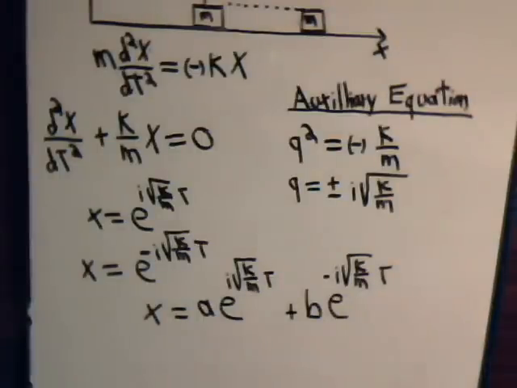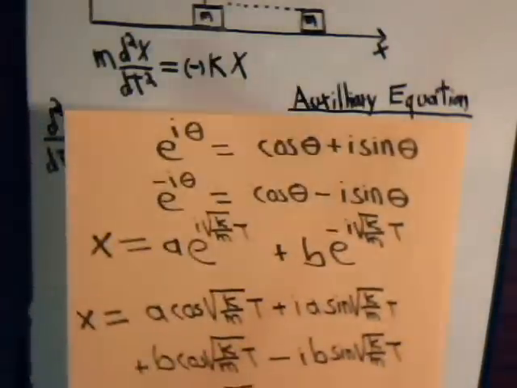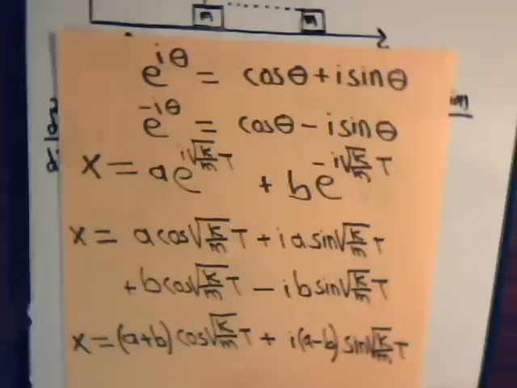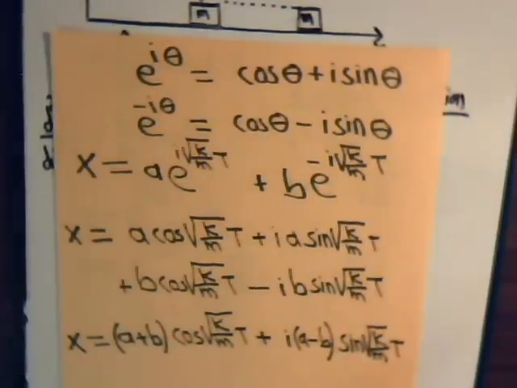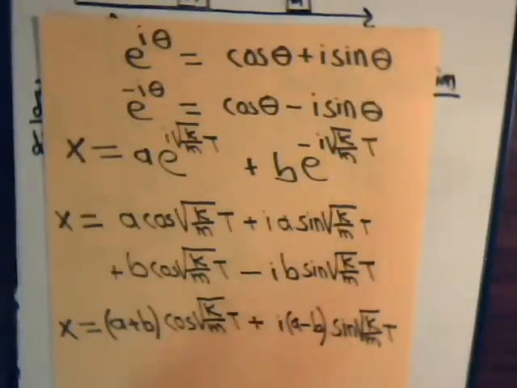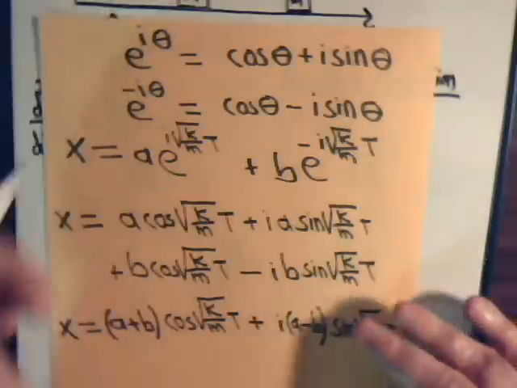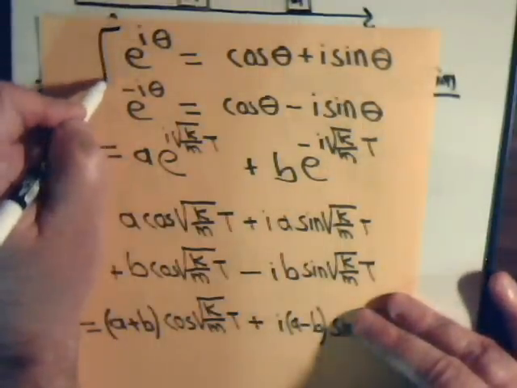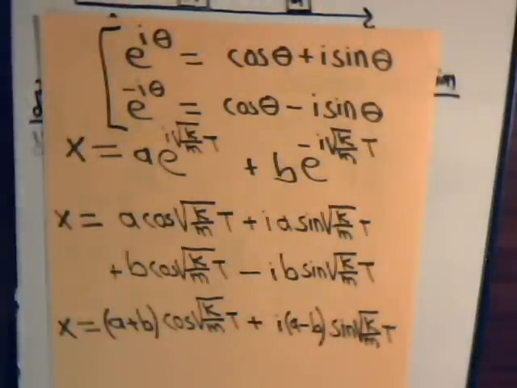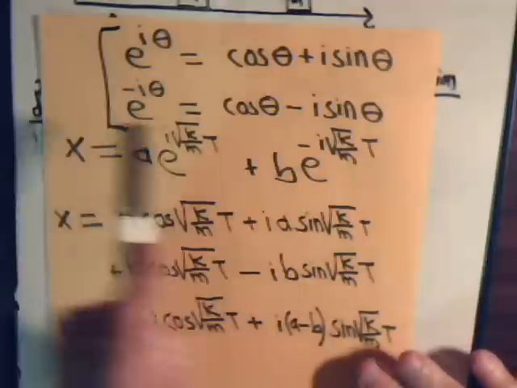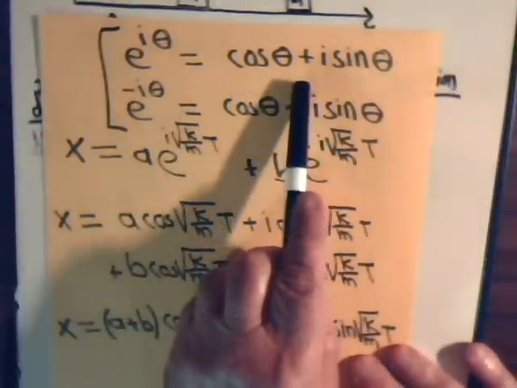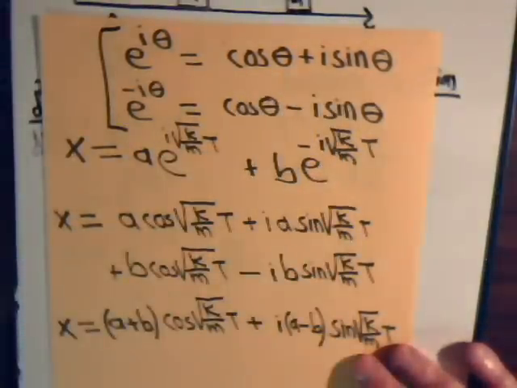It's not very useful to leave it in this form, and this is where we employ Euler's relation. Not Euler's equation like we derived in our second video, but Euler's relations, which are these. e to the plus i theta is the cosine of theta plus i times the sine of theta.